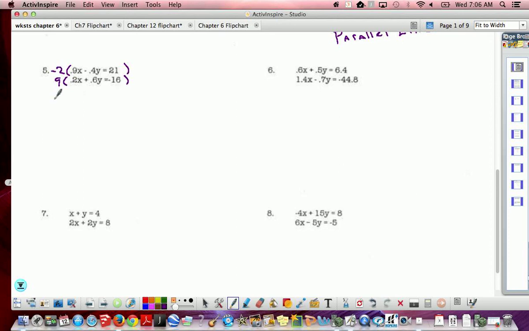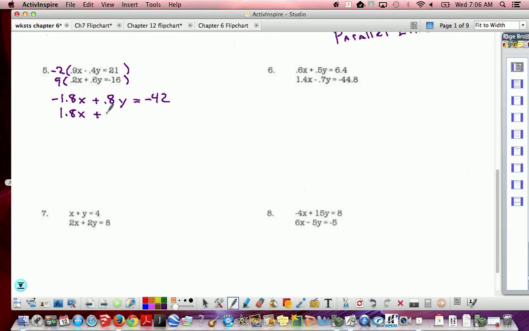So as I do this, I get negative 1.8x, and then I get a negative times a negative, negative 2 times a negative 0.4 as positive 0.8y equals negative 42. Then I do the next one. 9 times 0.2 is now the 1.8x.